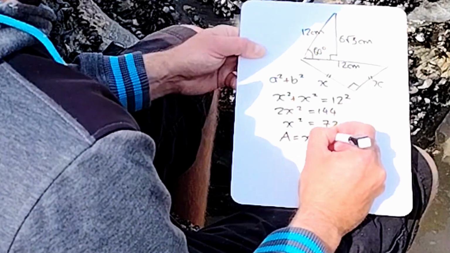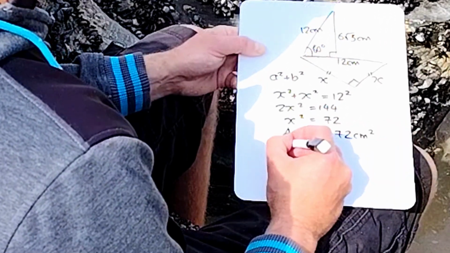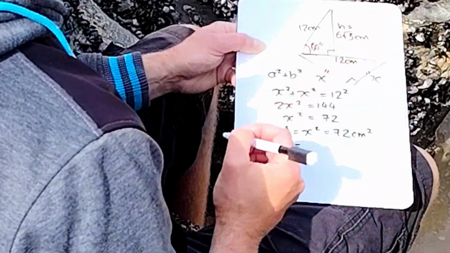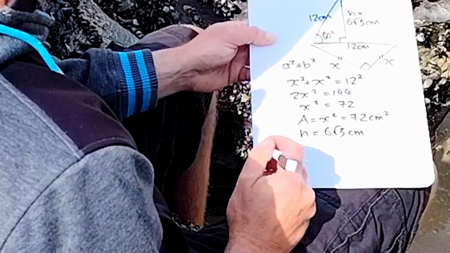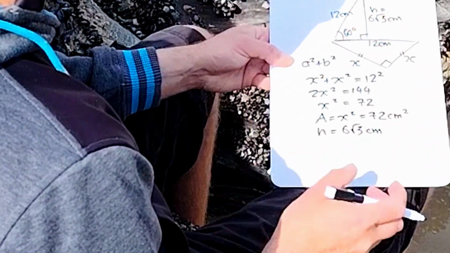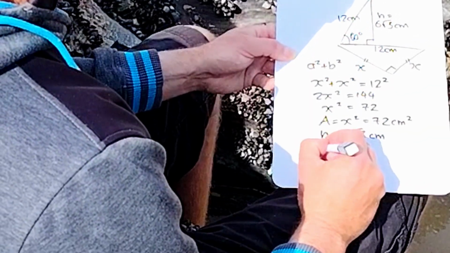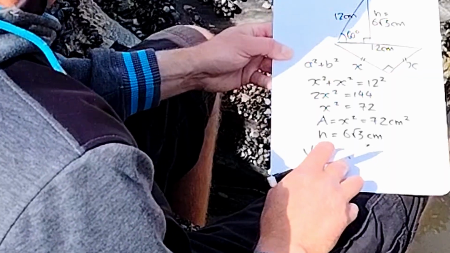All we need to do now is use our relationship for volume, and substitute our height in, which is 6 root 3, and we have everything we need. So our formula for any pyramid is going to be V equals a third base area times h.